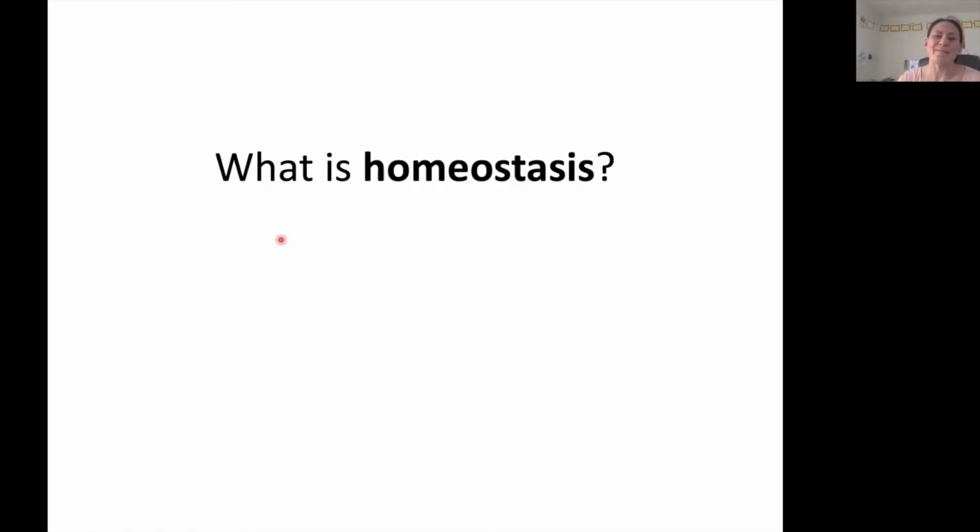If you've heard of the word homeostasis, but you don't really know what it means, go ahead and write that down. If you think you know what it means, but you're not sure, go ahead and write that down. Just whatever you happen to know about it. So right now, go ahead and pause and answer the question.